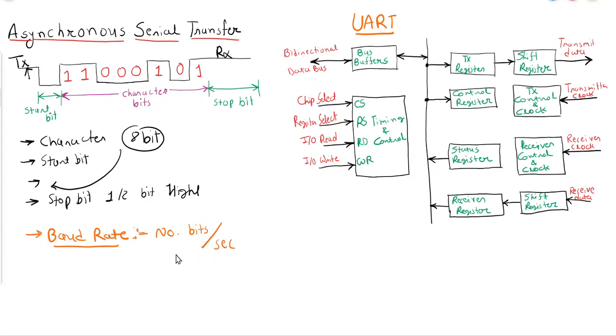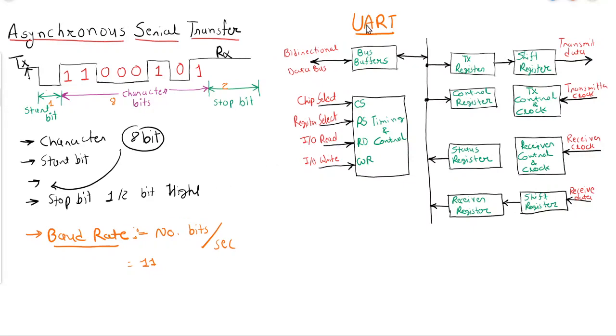So in 1 second, let's say 11 bits are transferred. Here 1 start bit, 2 stop bits, and 8 data bits. So we can say the baud rate is 11, meaning 11 bits will be transferred in a second.